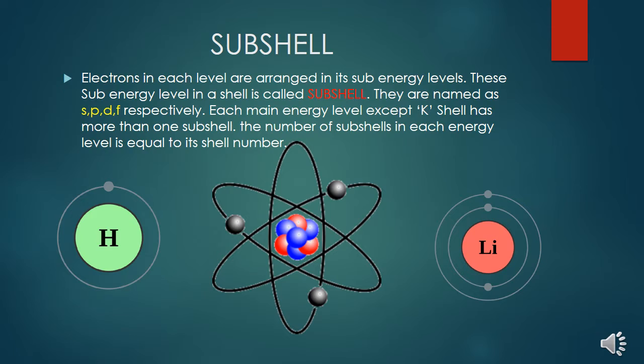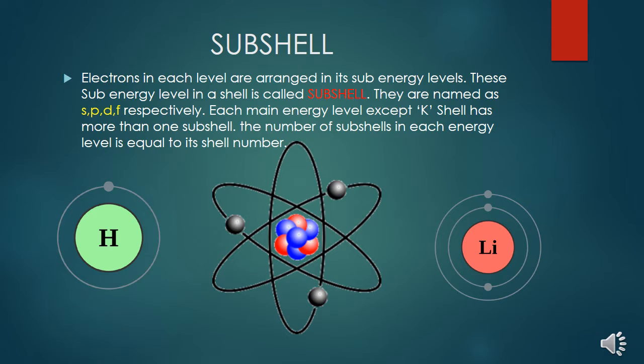Why? Look at the example given below, which is a hydrogen atom. There is only one electron in the outermost shell of the hydrogen atom, because the atomic number of hydrogen is 1. So the only electron lies in the K energy level, in the S sub-energy level.